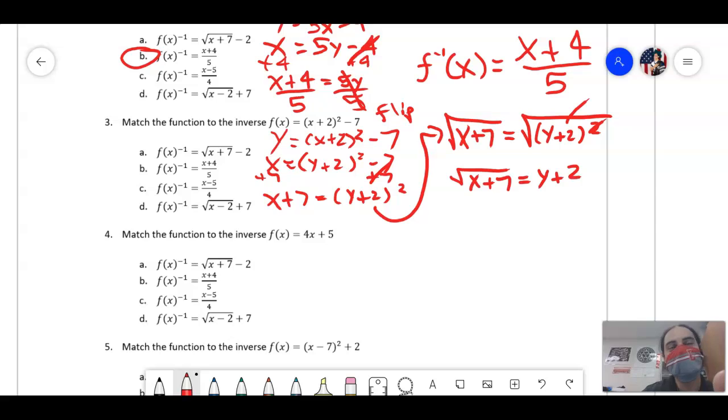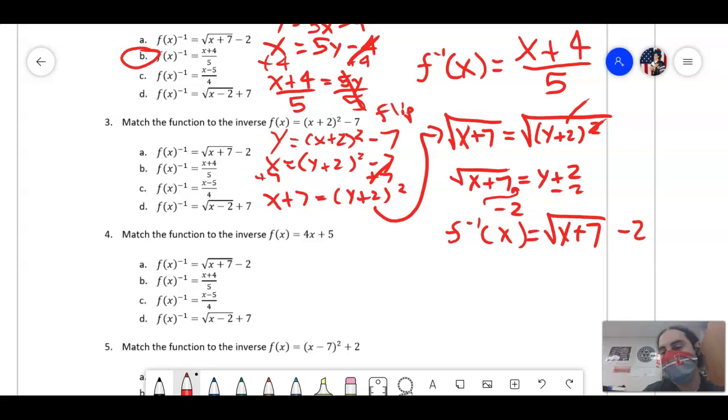And your last step is to get rid of that plus 2 by subtracting 2. Now you can't actually combine the 7 and the minus 2, so you're going to put it right after there. So here's how you rewrite it. And I'll put it with an inverse. F inverse x equals square root of x plus 7 is still there. And then the minus 2 goes after. All right. And you can see that answer is A.